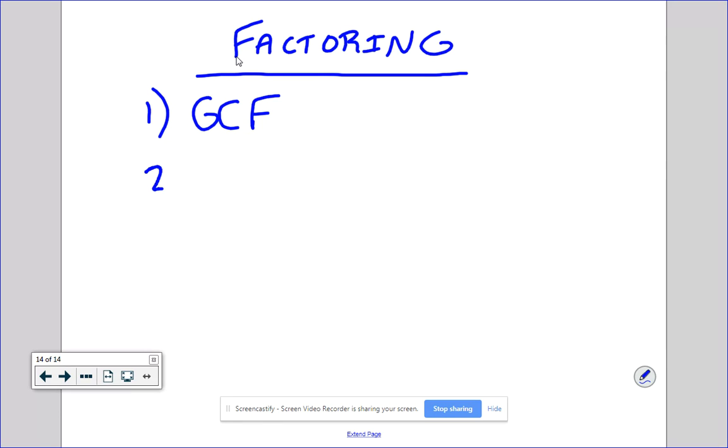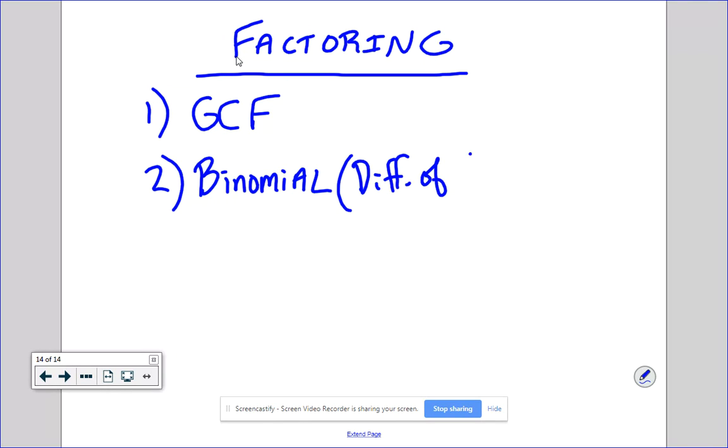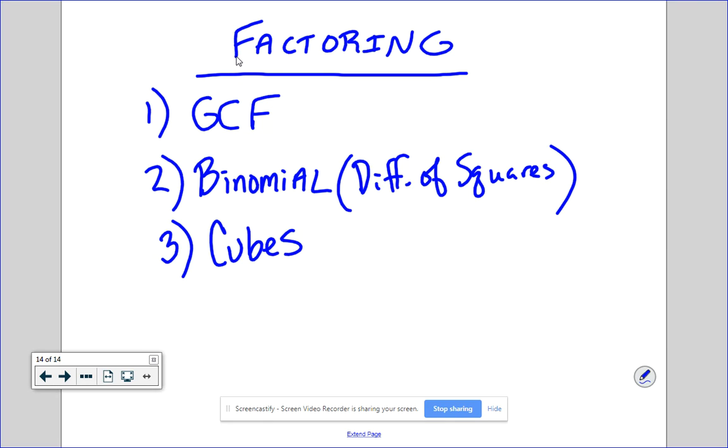The second type is binomial factors, which is difference of squares. And we'll talk about that. The third is if there are cubes. So we're going to talk through sum and difference of cubes.